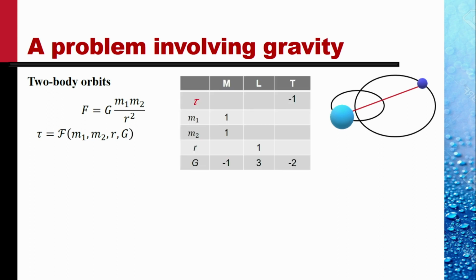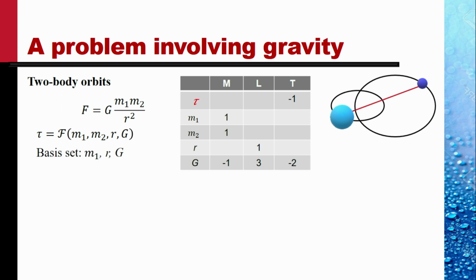We construct the table showing the dimensions. In the MLT system, tau, the dependent parameter, is written in red, then m1, m2, r, and G. The dimensions are easy to verify. The dimension of G, the universal gravitational constant, is obtained from this equation of the gravitational force.